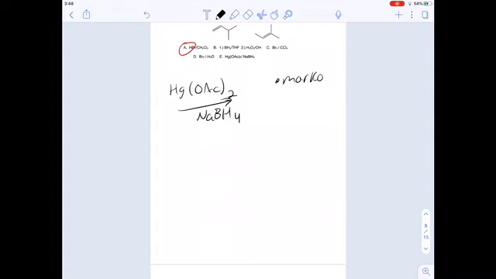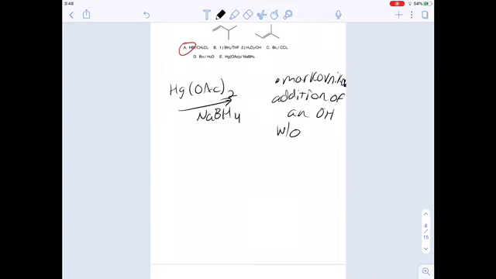So this is going to give you the Markovnikov addition of an OH. So you're adding the OH to the more substituted side of the double bond without rearrangement. This one, at least I've never seen O'Connor ask any questions about the mechanism for, so I wouldn't even worry about it. Just know what it does.